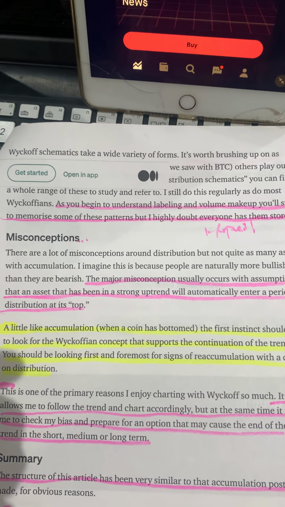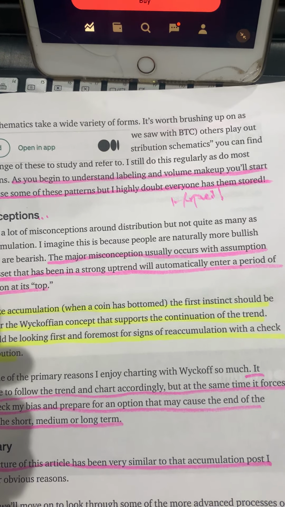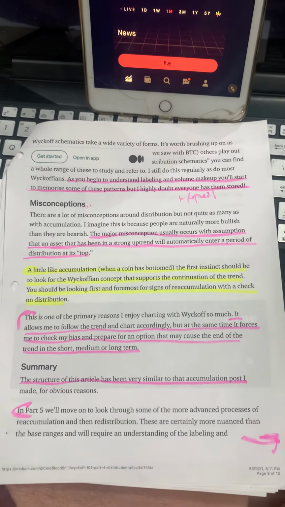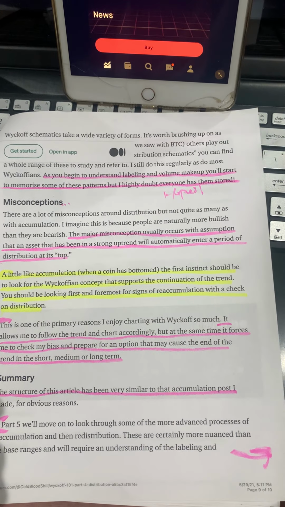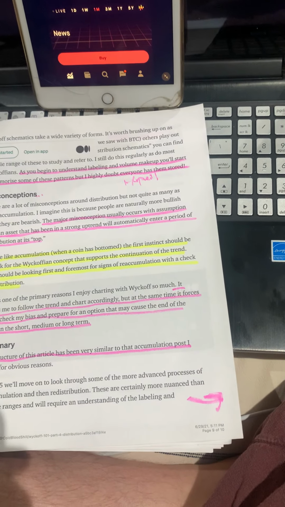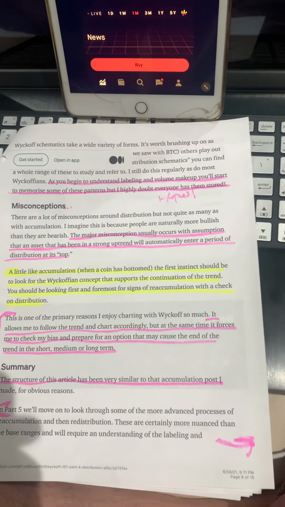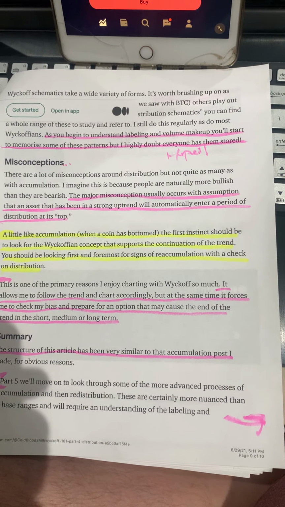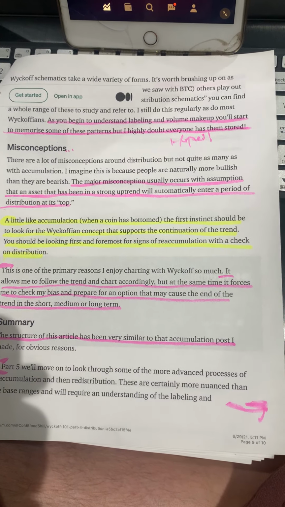A little like accumulation, when a coin is at the bottom, first instinct should be to look for a Wyckoffian concept that supports the continuation of the trend. You should be looking for, first and foremost, the signs of reaccumulation with a check on distribution.